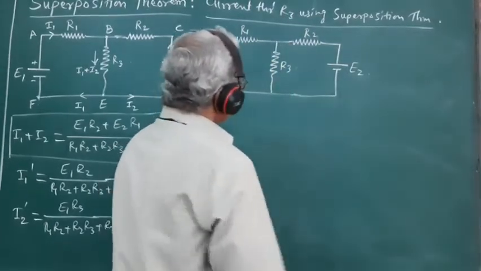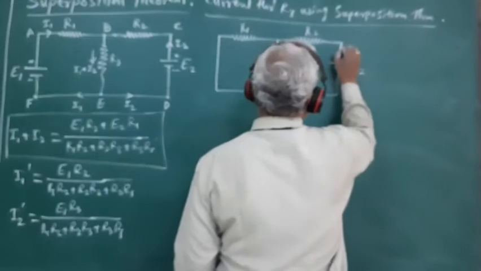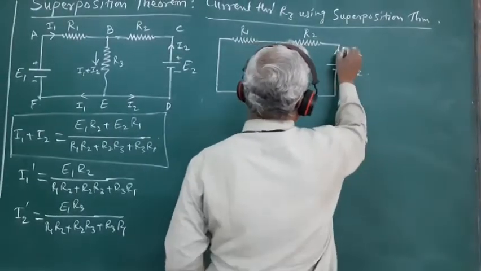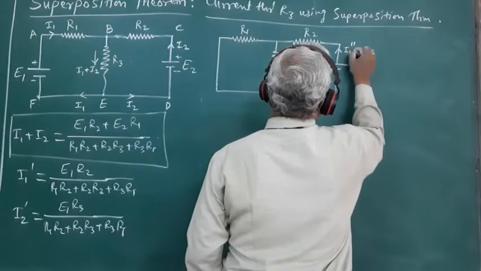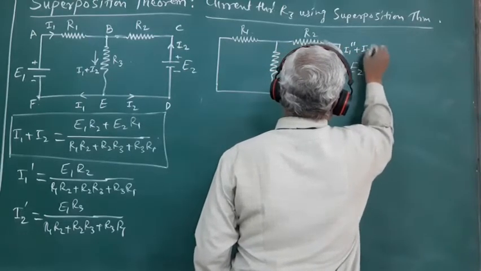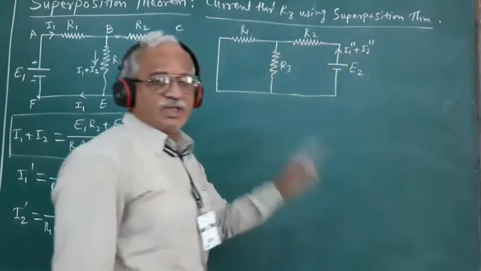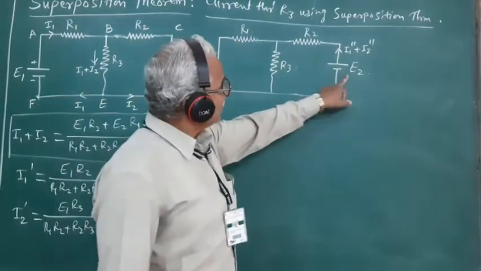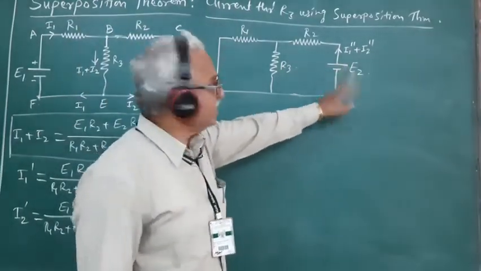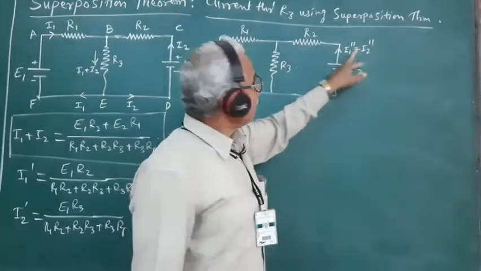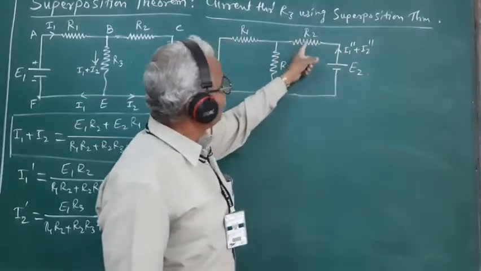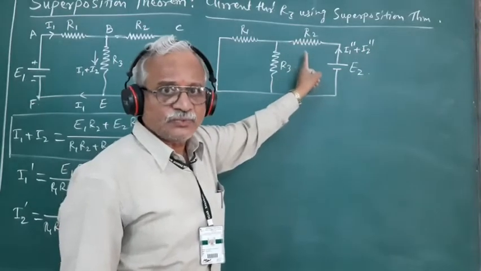So let us consider the total current sent by the source E2 in the circuit is I1 double prime plus I2 double prime. So that this total current will flow through this resistance R2.